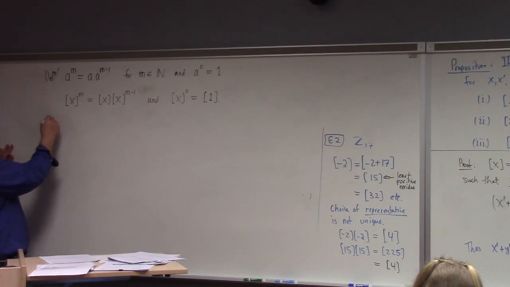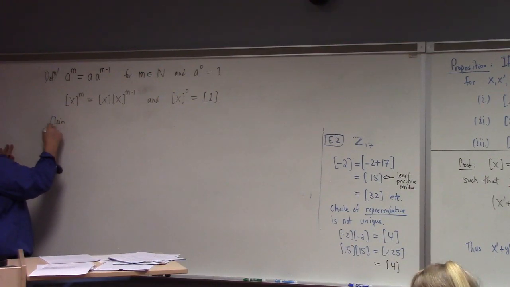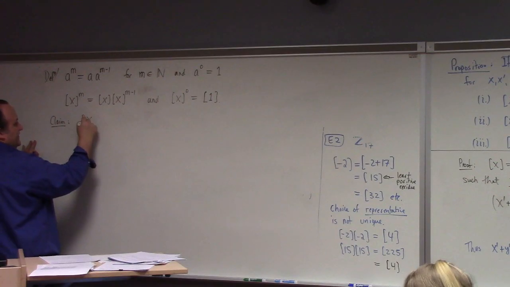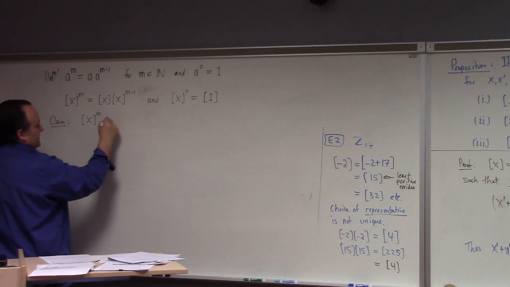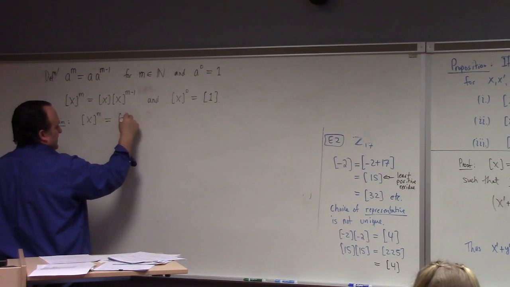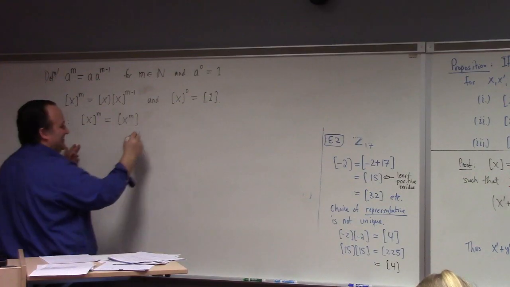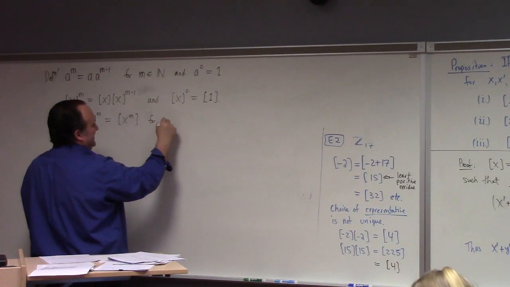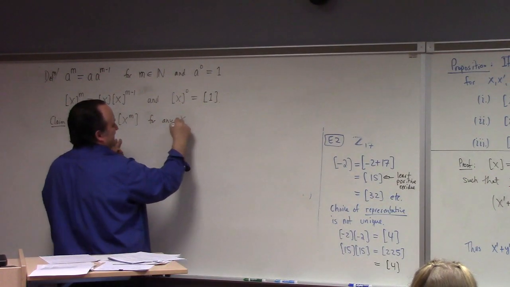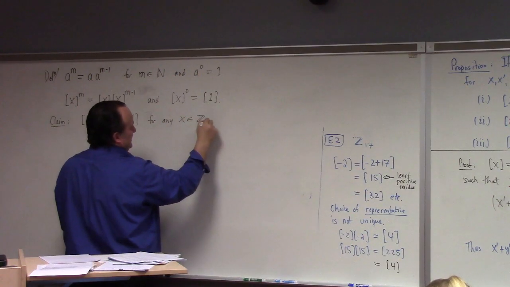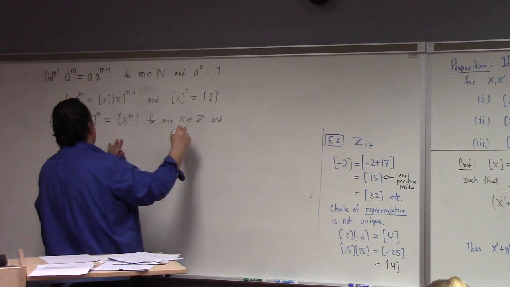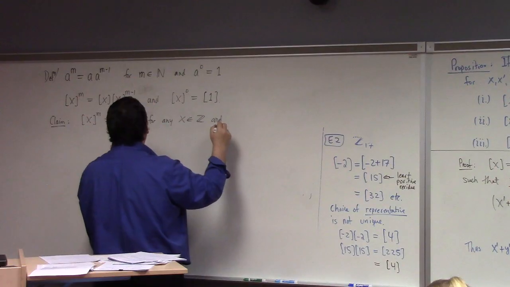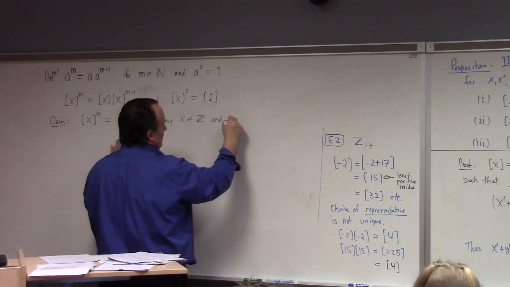My claim is that the equivalence class of x to the m is equal to the equivalence class of x to the m, for any x in the integers and m.